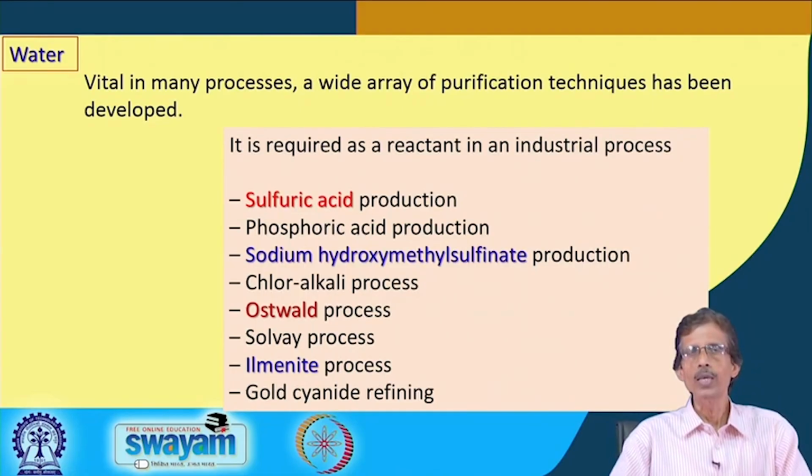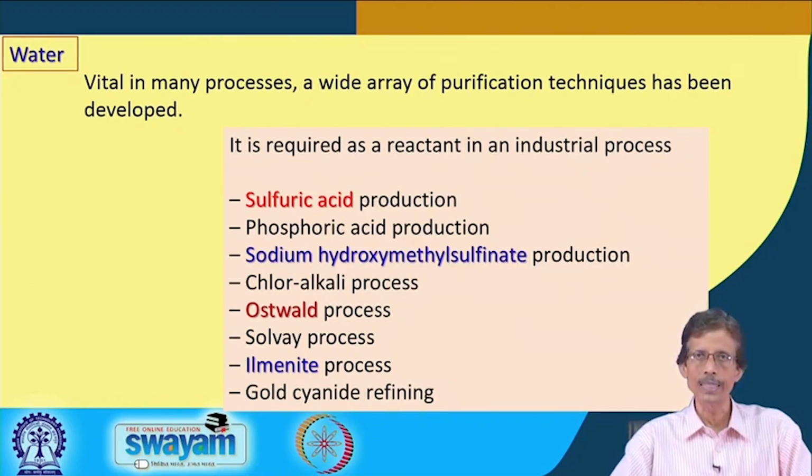So, if I now ask you which particular material can be useful for sulfuric acid production, we already know the brief outline of sulfuric acid production, starting from the raw sulfur that we get from the ore.